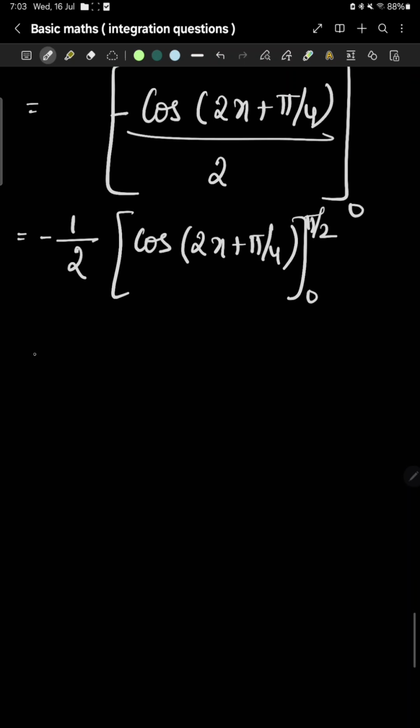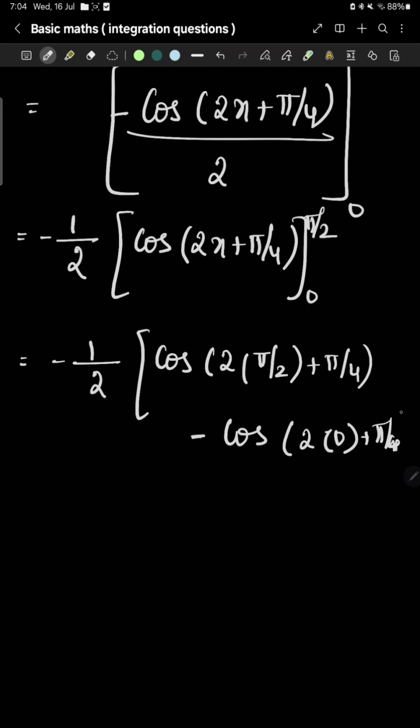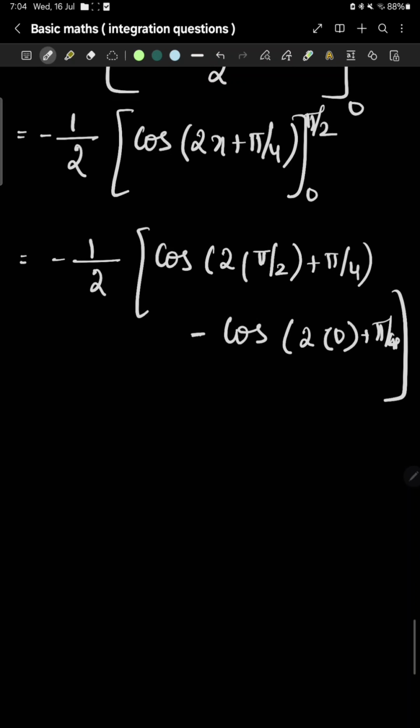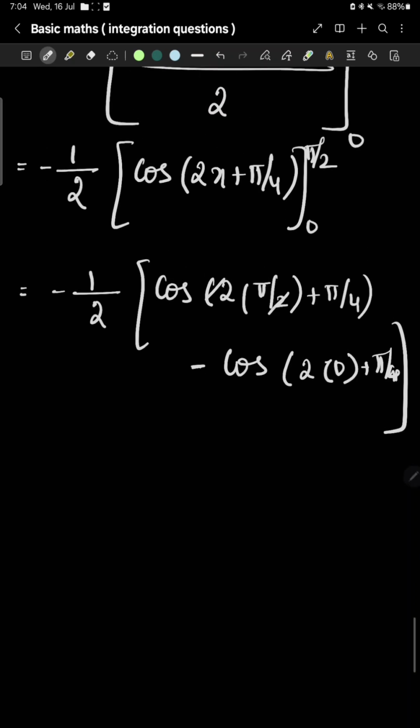When I substitute the upper limit, it will be minus 1 by 2 into cos 2 into pi by 2 plus pi by 4, minus the lower limit, cos 2 into 0 plus pi by 4. Here the 2 can get cancelled.